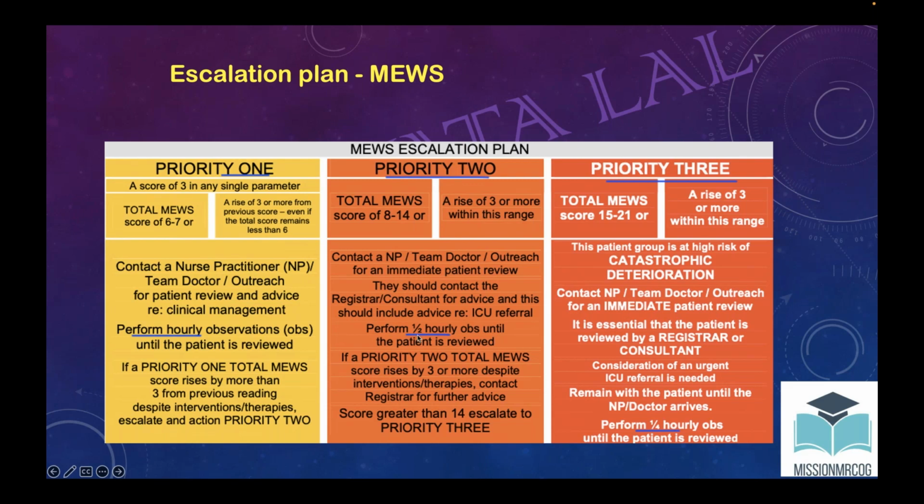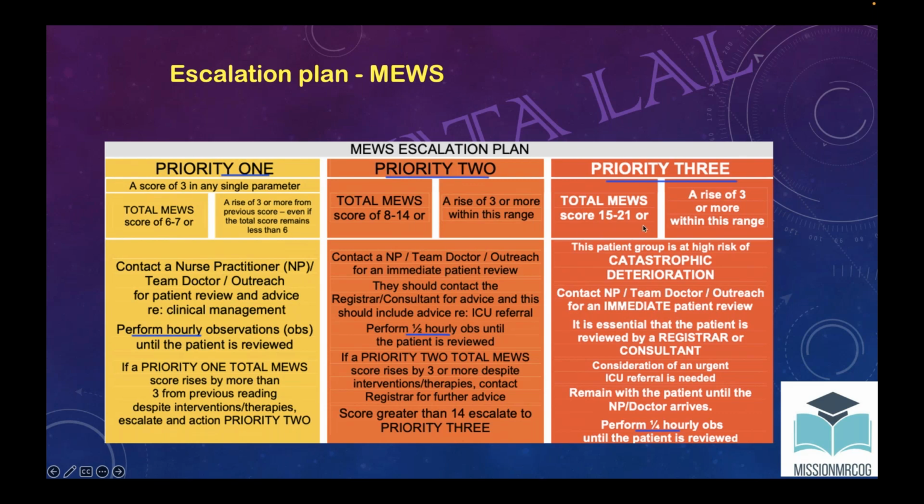If the patient is outside, like in the community, then they will contact a registrar or consultant for advice, and should re-examine the patient. The patient will be seen every half hour, because that means the patient is sick. And if one score again becomes more than 3 or a red box, it will immediately become priority 3.